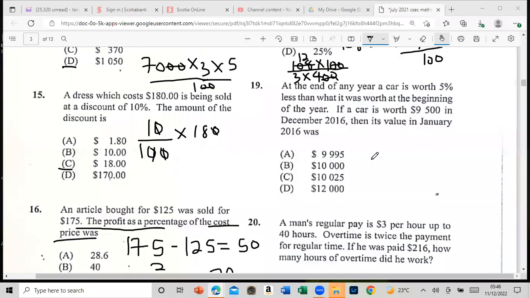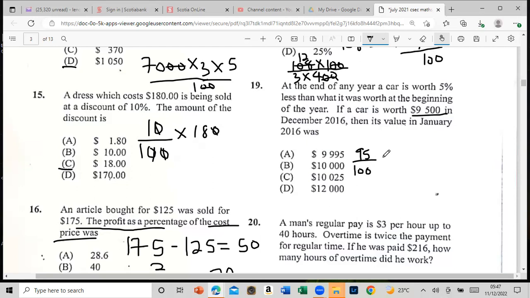Alright, so notice what they give us. They give us the value at the end of the year, which was 95. So basically what they're saying is that this represents 95%. So it will be 95% of a number.